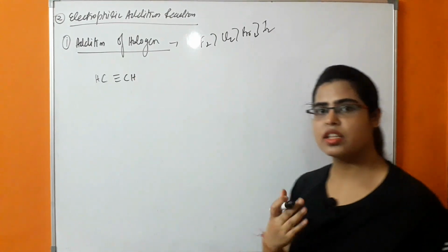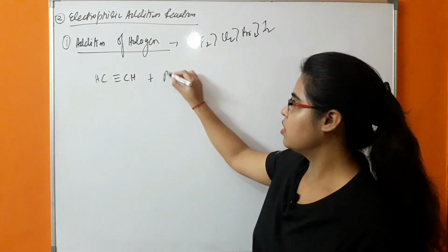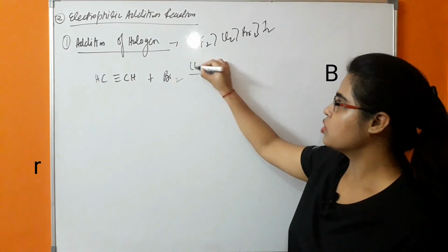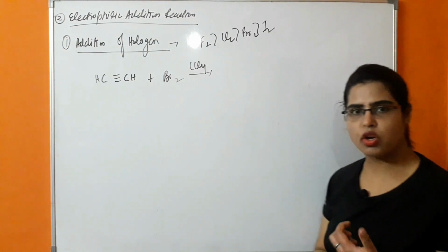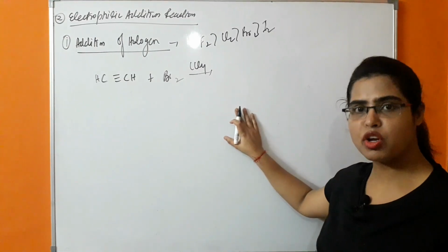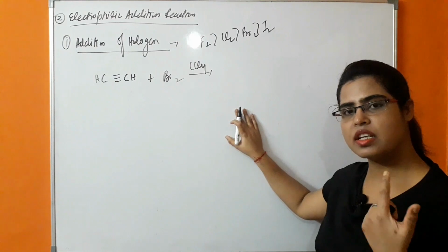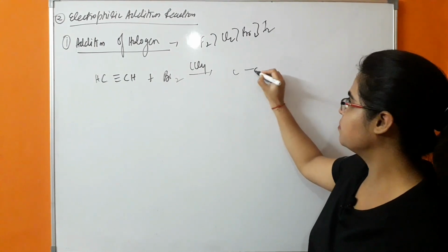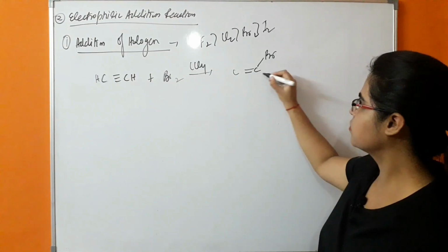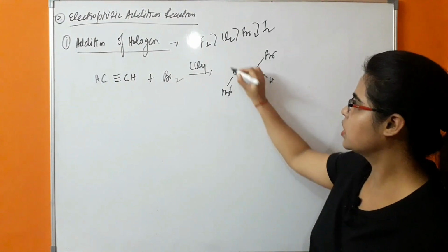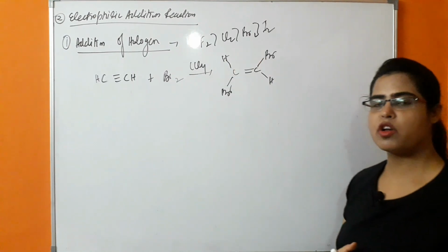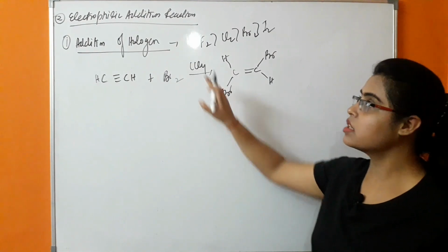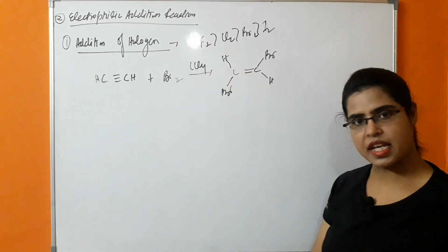These reactions occur in two steps, in which first, when the reaction is taking place in the presence of Br2, the solvent is CCl4, which is a non-polar solvent. So there will be formation of trans product in the first step. So there is always formation of trans product in the first step, whenever the electrophilic addition reaction is taking place.